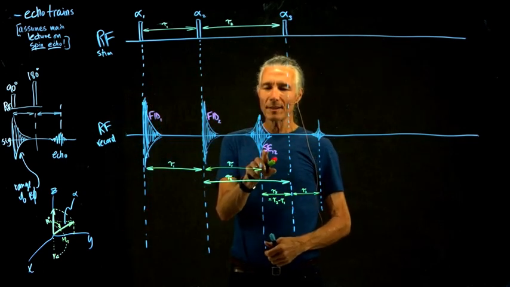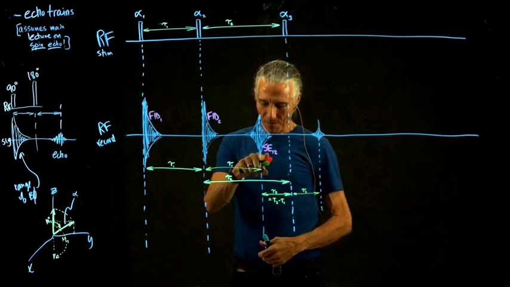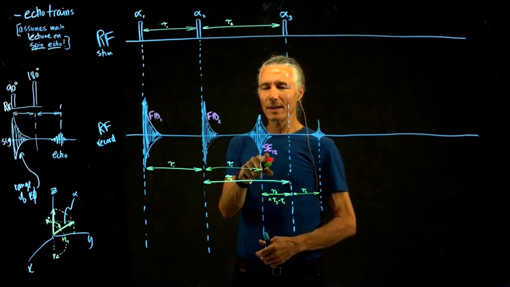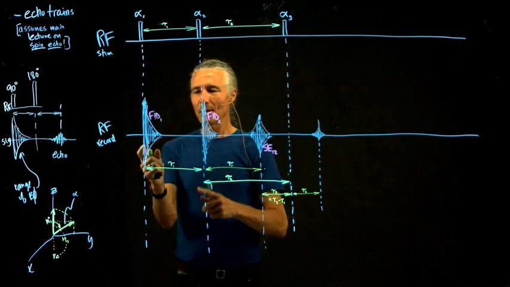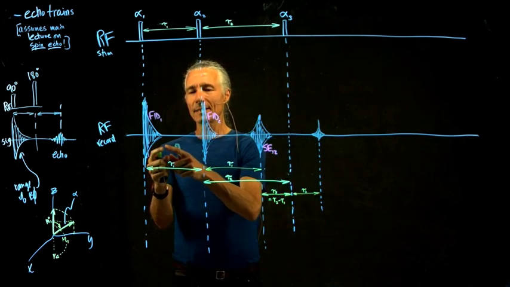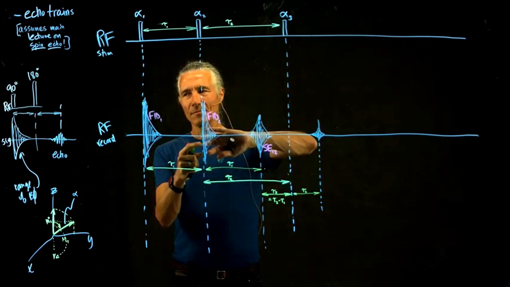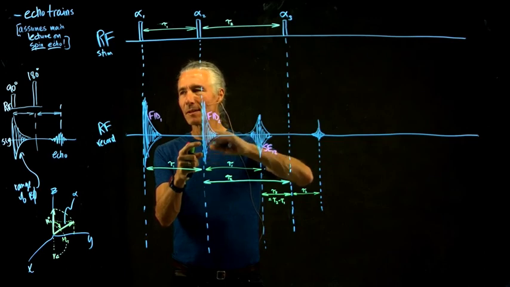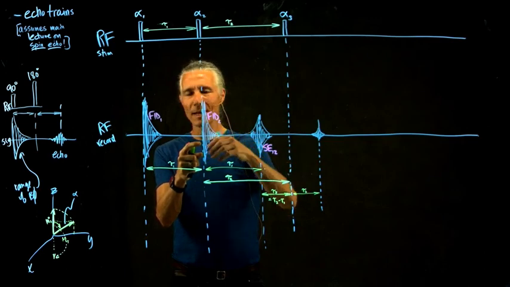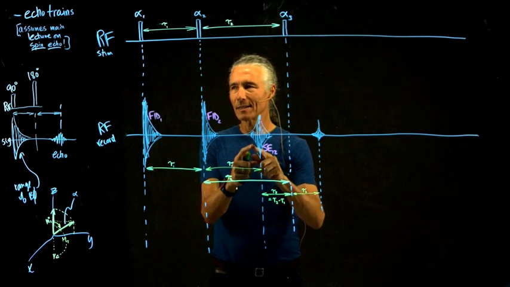When we look at this, this guy's a spin echo, because we did an RF pulse, guys got out of phase, we flipped some of them around so that the guys who were ahead are now behind, and they come back into phase. That's a spin echo.